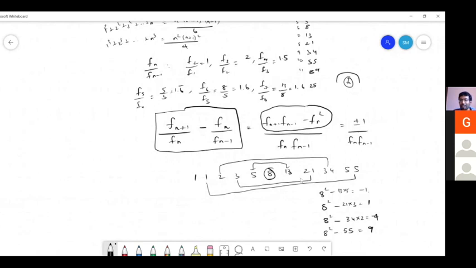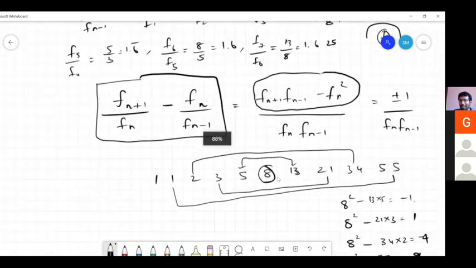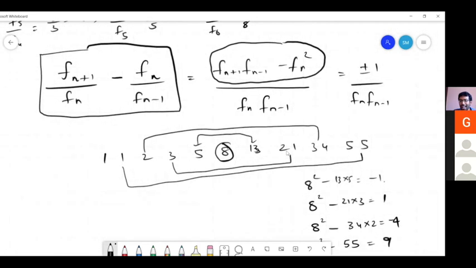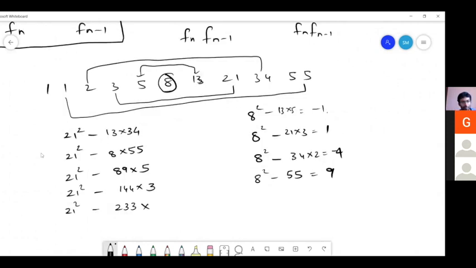Now you take some other central number, take 21. Take 21 and repeat and see what the square numbers are. These are special square numbers. You get the same pattern. So you get -1, then +1, -4, +9.